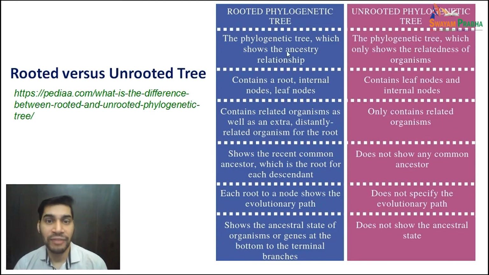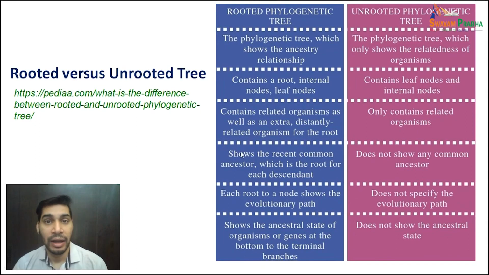The phylogenetic trees which are rooted do show the recent common ancestor, which is the root for each descendant. It is not present in the unrooted tree. Each path from the root to a node shows the evolutionary path, whereas it does not specify the evolutionary path in an unrooted phylogenetic tree.